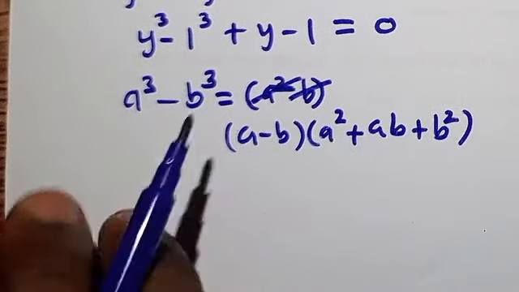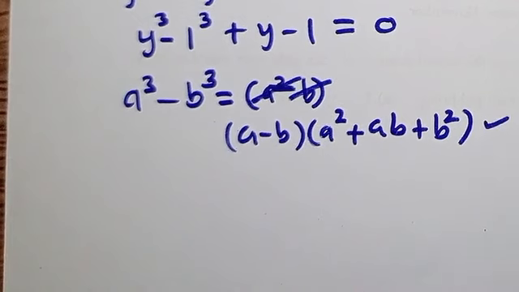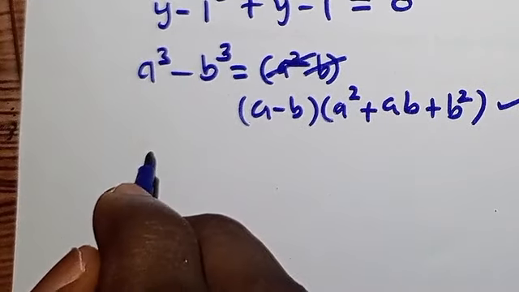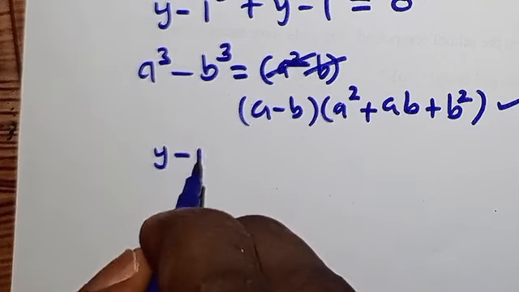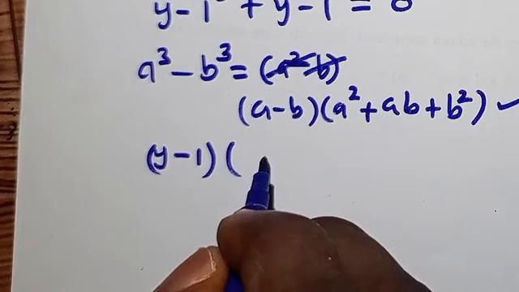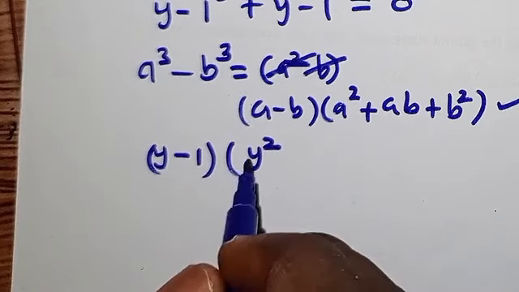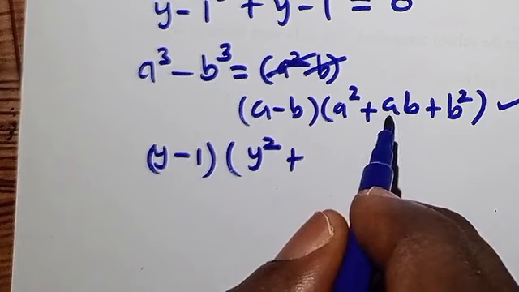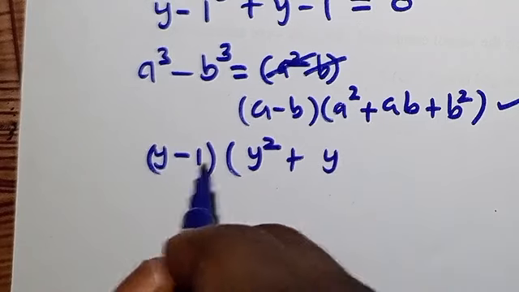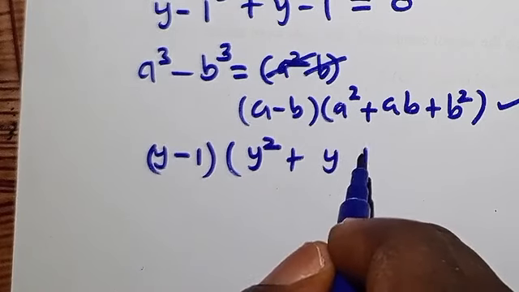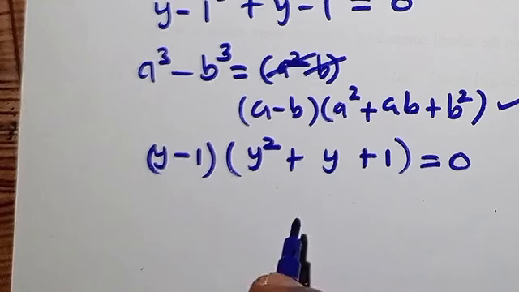So we are going to write this y to the power of 3 minus 1 to the power of 3 in this form. We're going to have y minus 1, then into bracket y squared, that is, you square the y, then plus multiplying a and b, 1 and y, we have y, then square this 1, that is going to be plus 1.